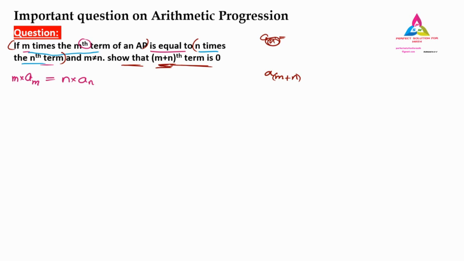So a_(m+n) is equal to, and how much do we have to prove? That is nothing but 0. This is what we have to prove. You can write down "to prove" or "show that". So the given is over here, and the to prove is over here.